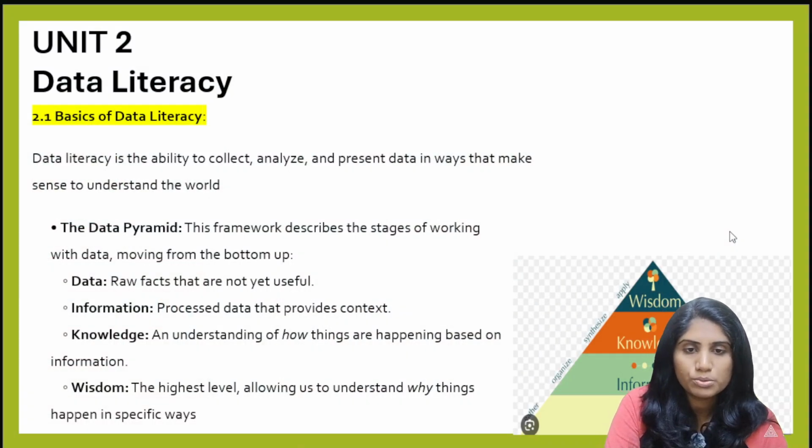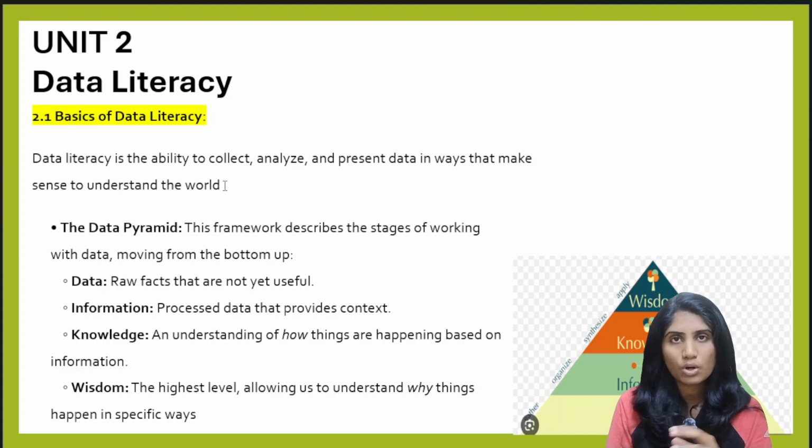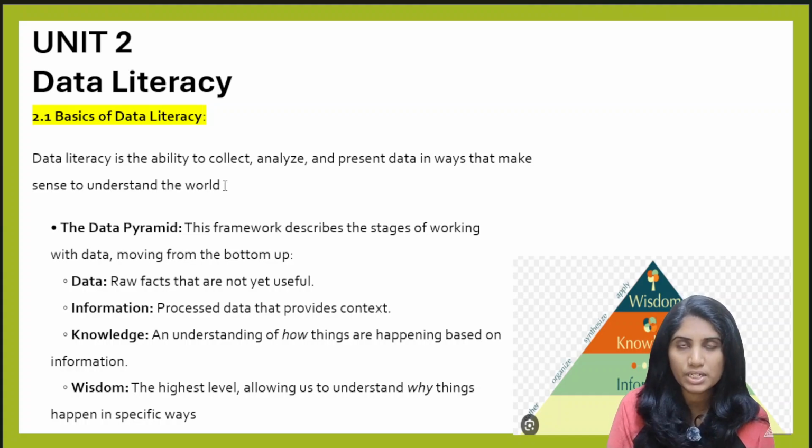Coming to the basics, data literacy is the ability to collect, analyze and present data in ways that make sense to the world. You are data literate when you are able to convert raw data into information that is useful for society.